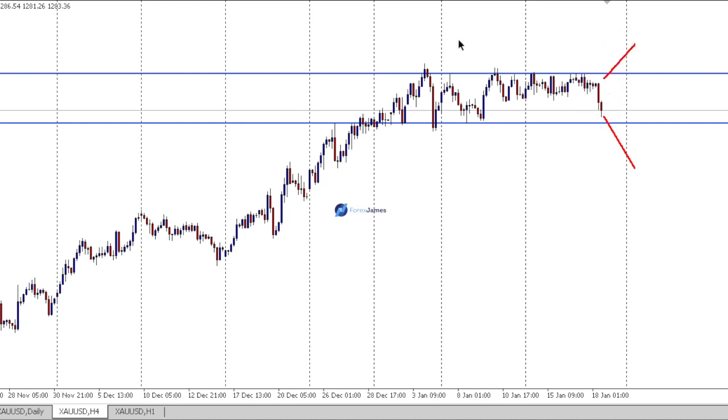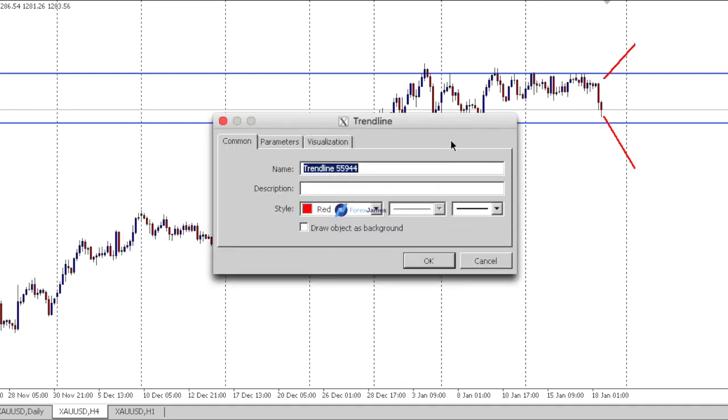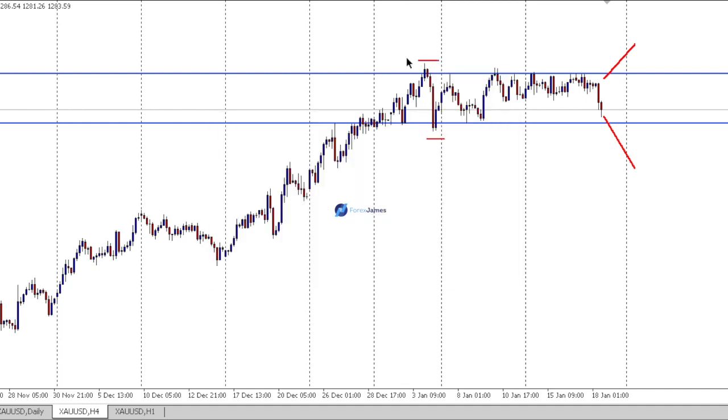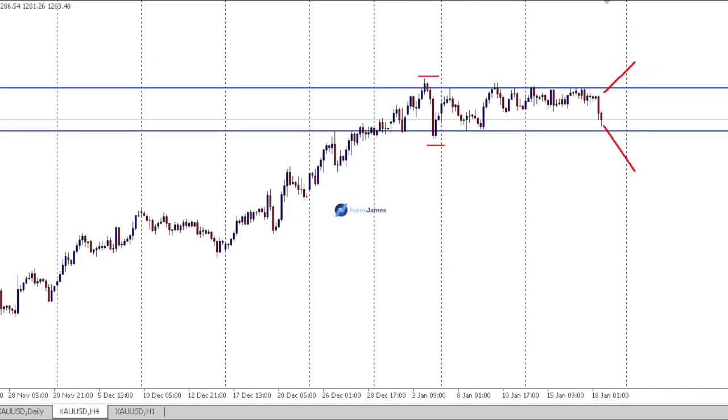Either way, it's going to be quite a massive breakout just because there'll be so many stop losses right beyond these levels right there and the ones above. So either way, I'm expecting a pretty strong breakout.